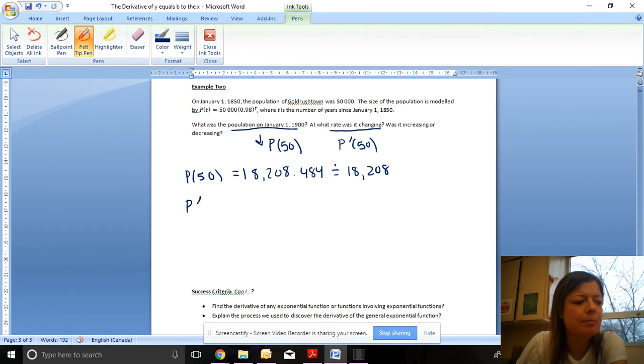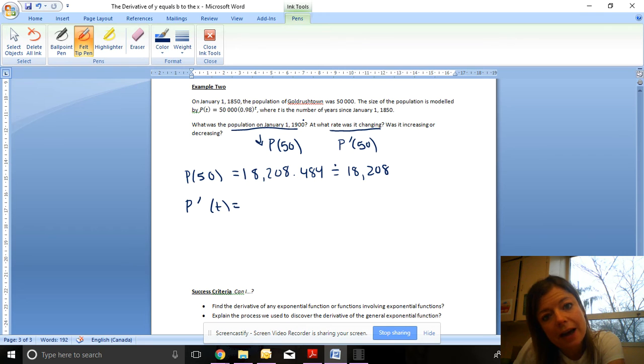Okay, now P prime of t, let's just find the derivative function first. We just treat 50,000 as a number. If you think about it as product rule, it'd be 50,000 times the derivative of the exponential part of the function plus the derivative of 50,000, which is 0, times that.